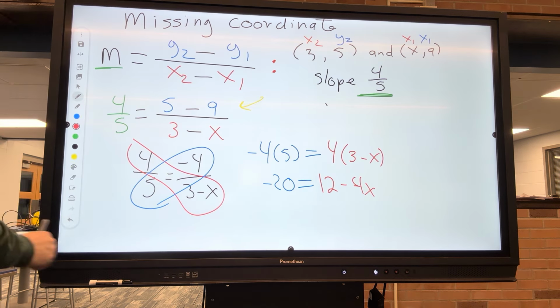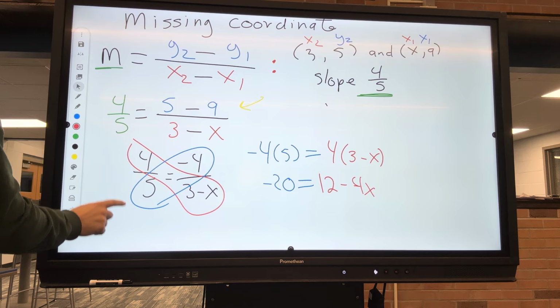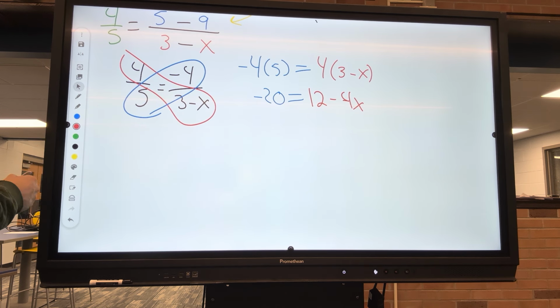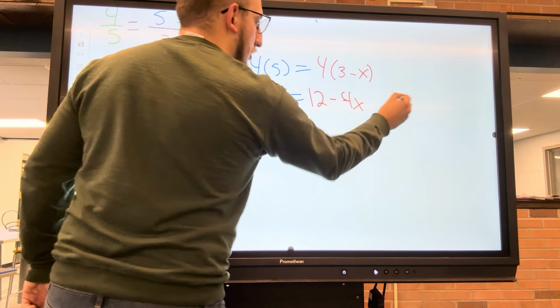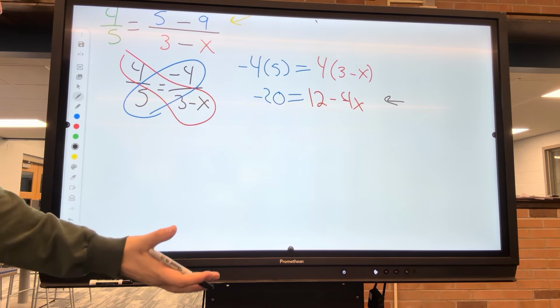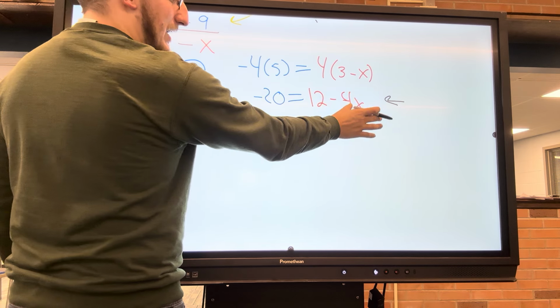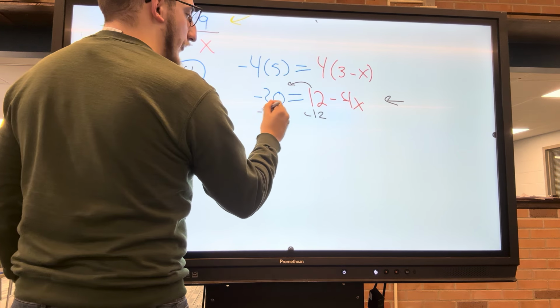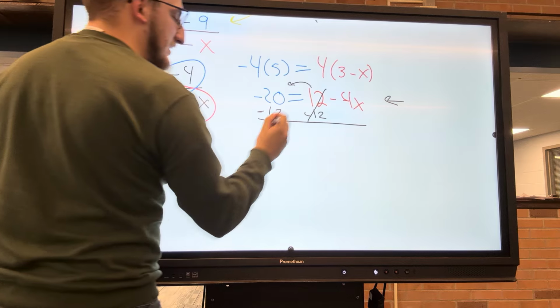Now what we got here, I'm just going to move this page up so we can see it better. What we got here is a 2-step equation, don't we? How do we solve this? Well, we already got an x and we have 2 constants. So why don't we move this guy over here? Minus 12, minus 12. Those guys cancel.